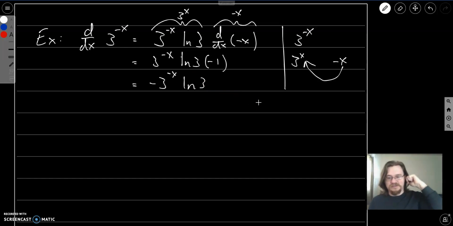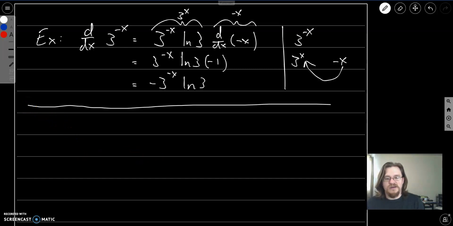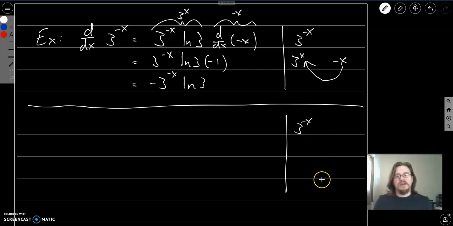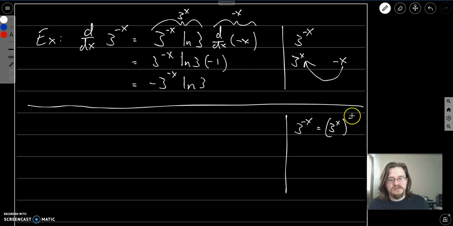That's it. However, one thing that we could do is we could do this the hard way, which I might just do as an example. The other thing to notice about 3 to the negative x is that this is the same thing as 3 to the x, to the negative 1 power. Whenever you take an exponential function raised to another exponent, we multiply what's inside. So here, I could use a chain rule.